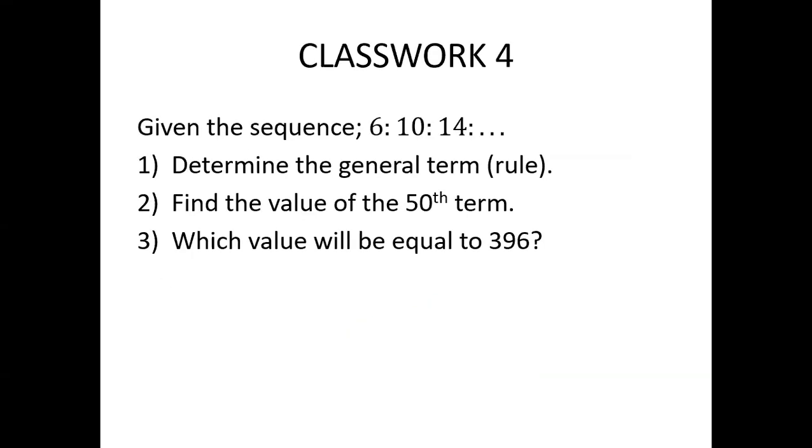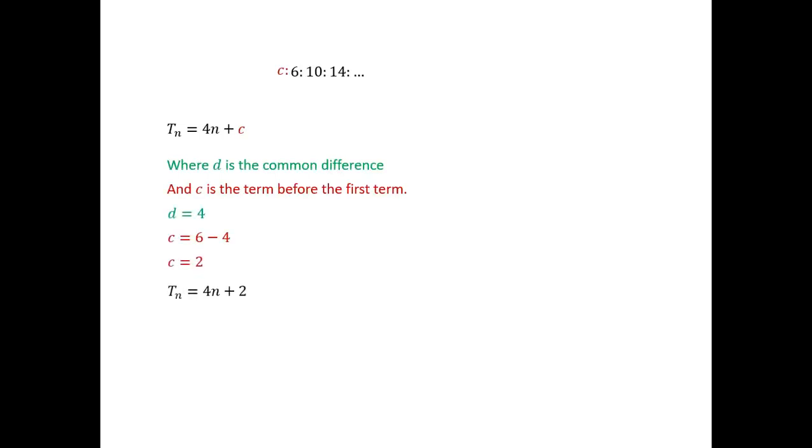Here, D is 4, C is 2. So you'll have 4n plus 2. See? Easy.